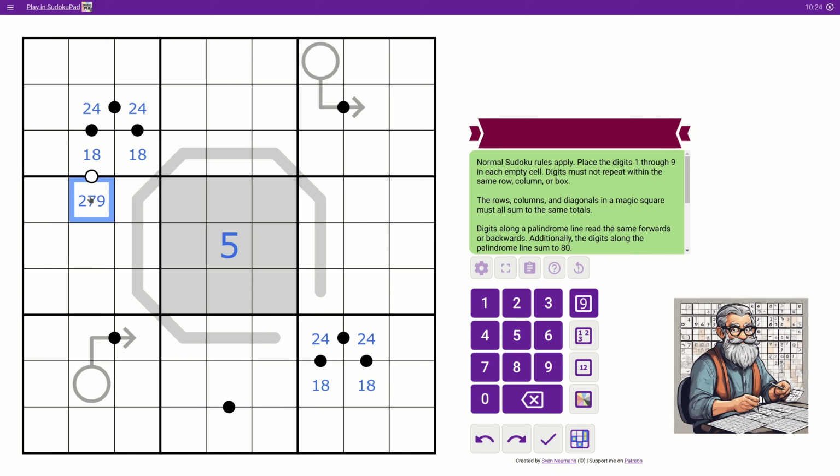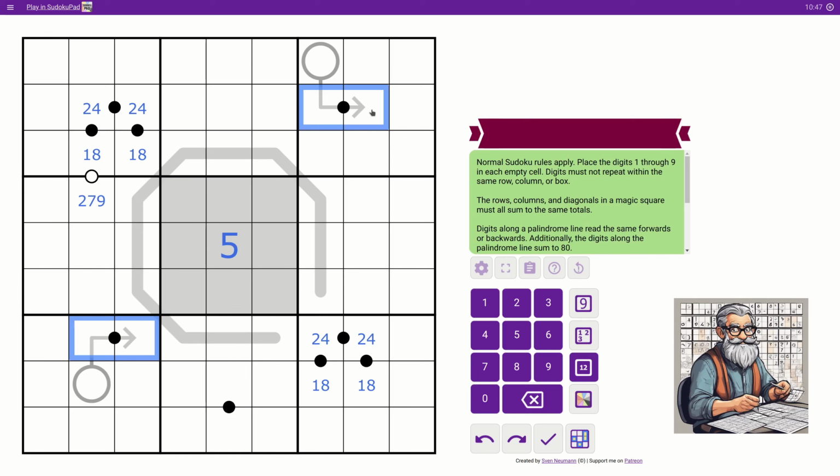Sip of tea. Does it tell me anything about this? Well, this is again, well, it can't be 2 or 4. So it is 3 and 6. Is that correct?